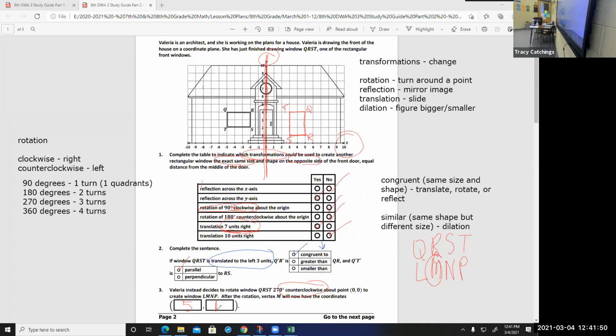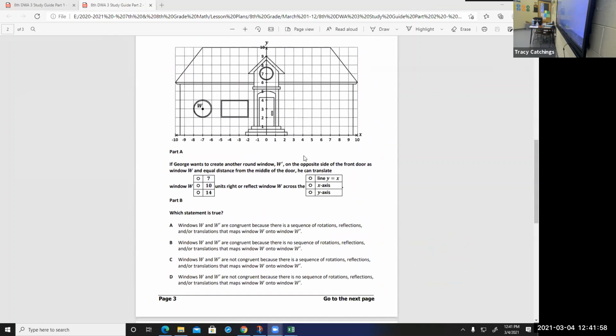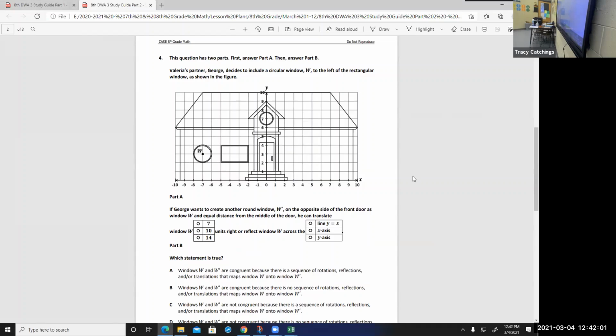Any questions about 1, 2, and 3? Part 2 doesn't have many questions on it, only about 6.